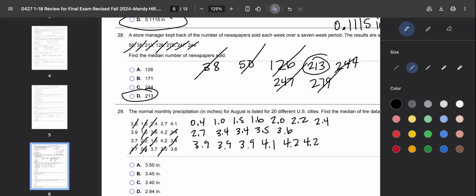So there were two 3.7s, and I did not write them down. 3.7. That was the other two. 3.7, 3.7. Actually, 3.7, 3.7, 3.7. There's three of those. And then there is a 3.9.